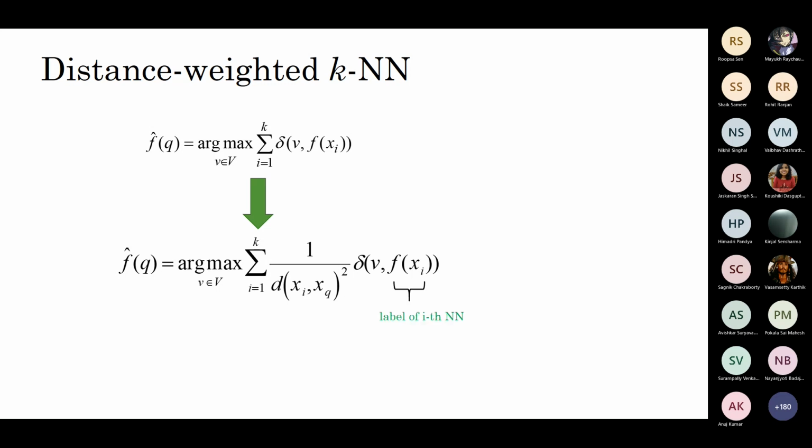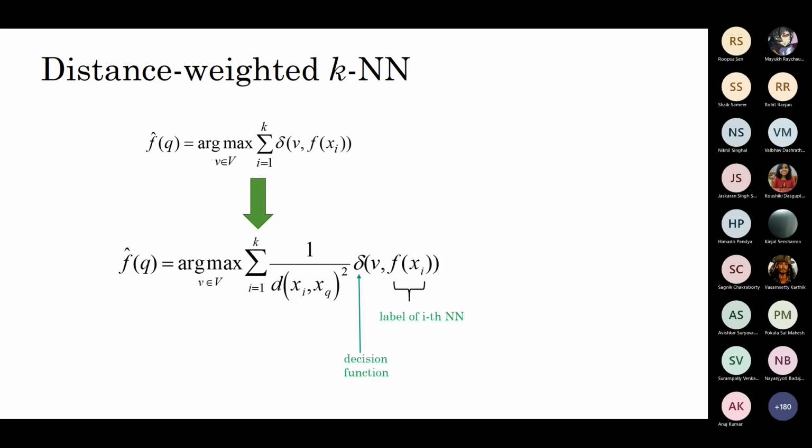In this case, xi is the label of the ith nearest neighbor. The assumption is that you have already computed the k nearest neighbors, and I'm trying to figure out the label for sample q. q is my query sample, the test sample.